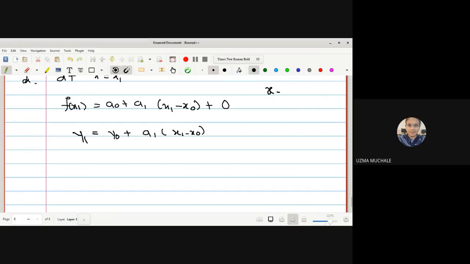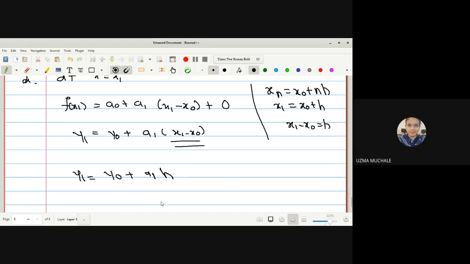Okay, xn is x0 plus n into h, equal values of x equally distributed, where x1 is x0 plus h. What will be x1 minus x0? It is h. So here I can substitute the value of this term: this is y0 plus a1 into h.